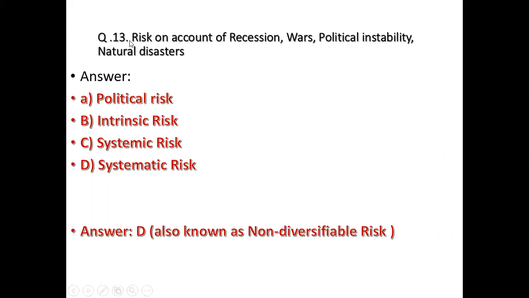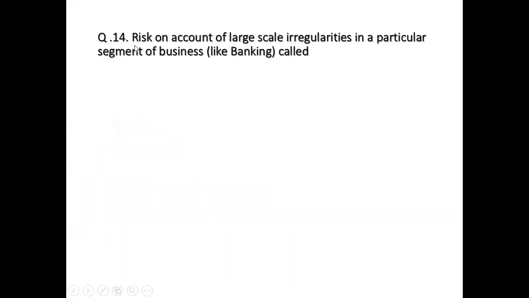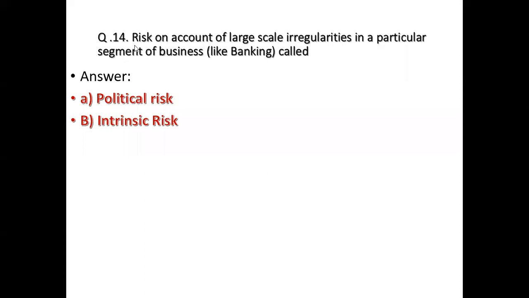What is systemic risk? For example, in banking, a lot of frauds suddenly started appearing because of some deficiencies in our working. This is not systematic risk, it is systemic risk. A small difference is there. You have to remember all this.